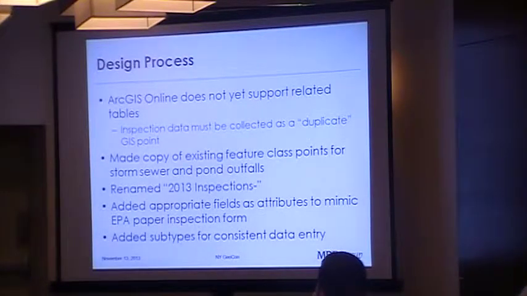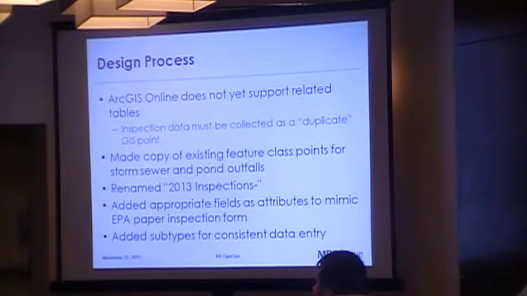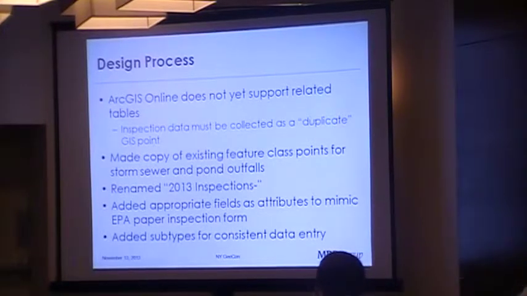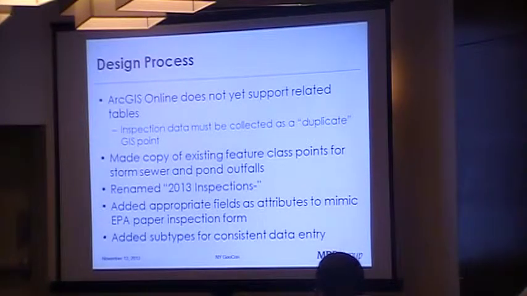From there, we added all the additional attribute fields to that point feature class to store all the information we're going to be collecting out in the field. We also went into the geodatabase and added subtypes so they could have pick lists to ensure good quality, consistent data was entered.